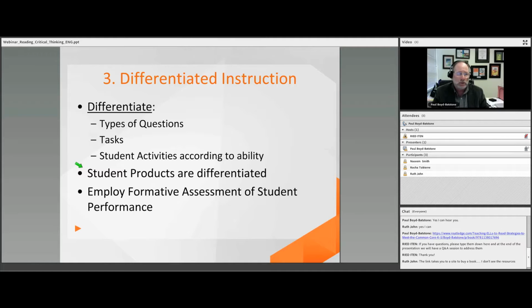The student products will be differentiated as well. Maybe the presentations that I ask them to do will be slightly different. I may ask multiple facets of a presentation. For example, in a presentation for a level 3 student, I'm looking for 4 examples that support your thinking.